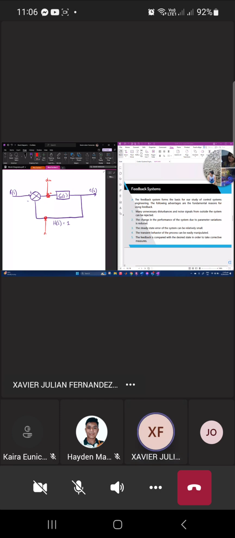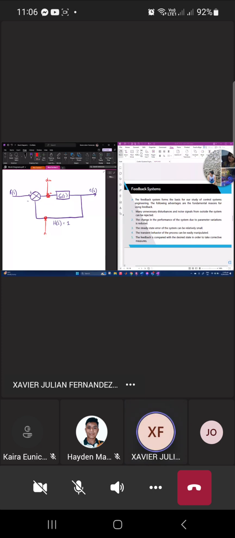Now at the summer, it will compare the output signal, or the feedback signal, with R of S. So there is some form of comparison between the signals, and we can reject both disturbance and noise through a controller. This one doesn't have a controller yet. It's a vanilla unity negative feedback system.